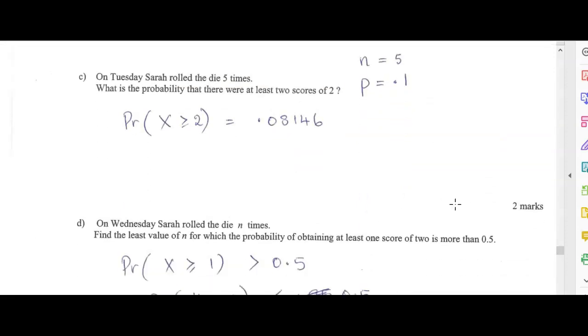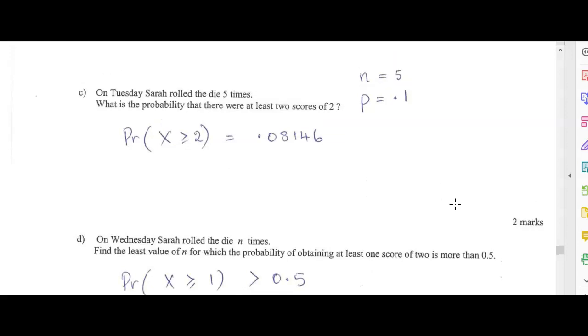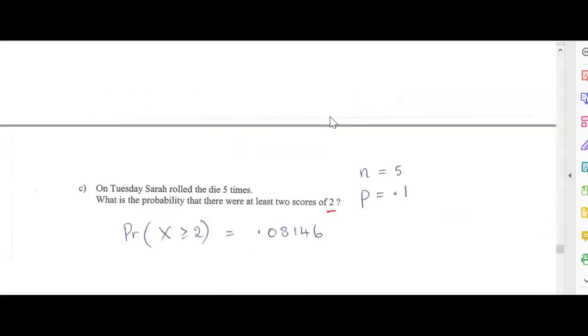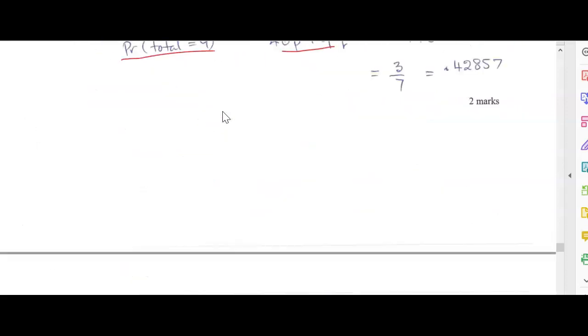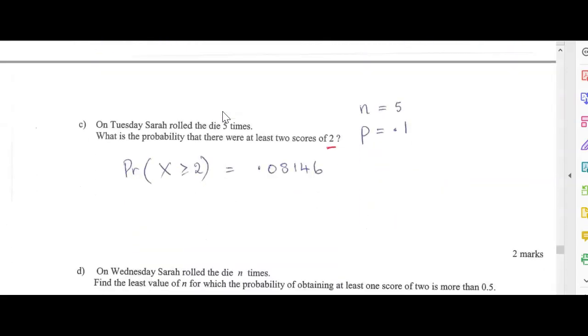All right, question C. On Tuesday, Sarah rolled the die 5 times. What is the probability that there are at least 2 scores of 2? So the probability of getting a 2, if we go back up to the table, is 2P, so 2 times 0.05 is 0.1. That's where the 0.1 has come from. So for at least 2, you can use the binomial distribution.